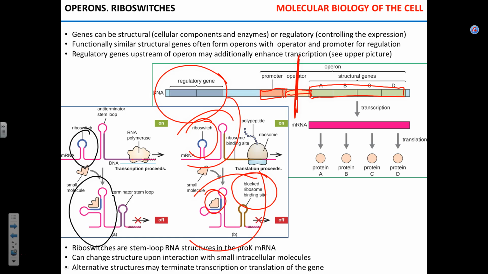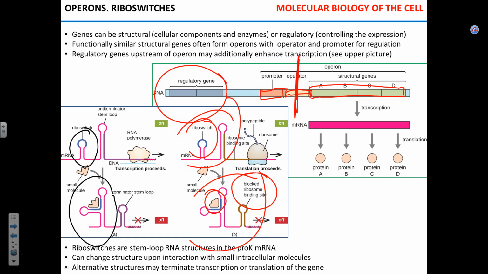Conceptually, what I want you to understand is that it's a switch. A riboswitch is the mechanism to turn on and off transcription and translation. It can turn off transcription when a small molecule binds to a special mRNA element and RNA polymerase falls off.